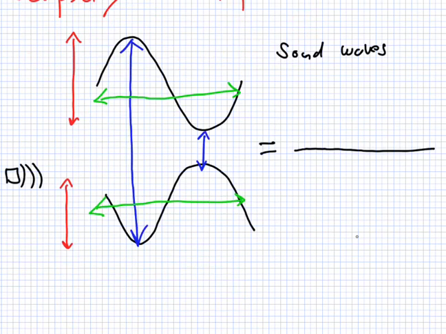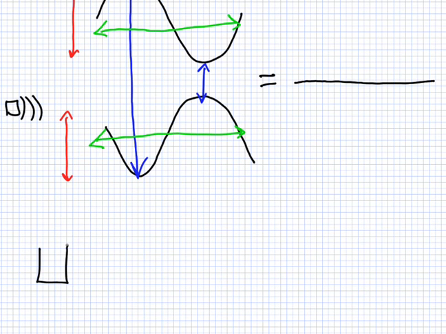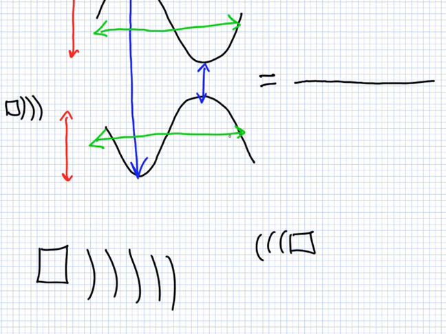So if I was to just draw this, for example, here's a loud machine, so it's making lots of sound waves, and then here's a special speaker, and it's making the same wave except out of phase. When these two waves come together, they cancel, so it's quieter, there's not much noise.